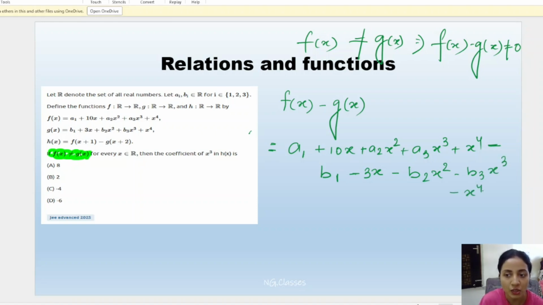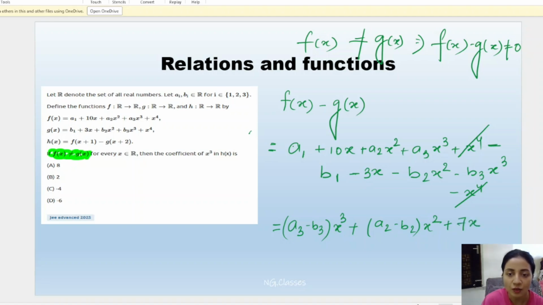From here we can clearly see x to the power 4 and x to the power 4 are cancelling each other, and we are left with, let's arrange it properly. The coefficient of x cube is a3 minus b3, x square's coefficient is a2 minus b2, the coefficient of x is 10x minus 3x, that means plus 7x, and the constant term is a1 minus b1. So this is our f(x) minus g(x).